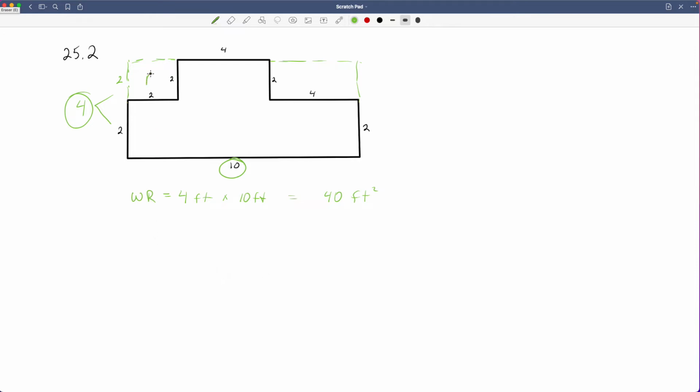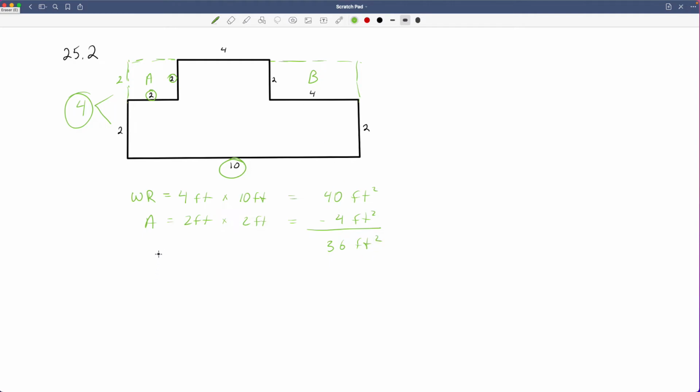So now we have area A and area B, and we're going to subtract those from the 40 square feet. This first area we see is 2 by 2. So A is equal to 2 feet by 2 feet, which is 4 square feet. We can subtract 4 square feet from 40 and we are left with 36 square feet.